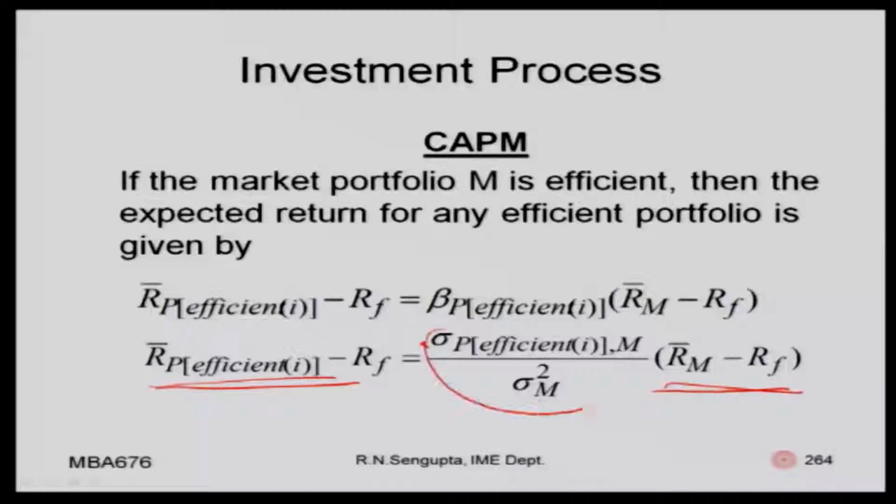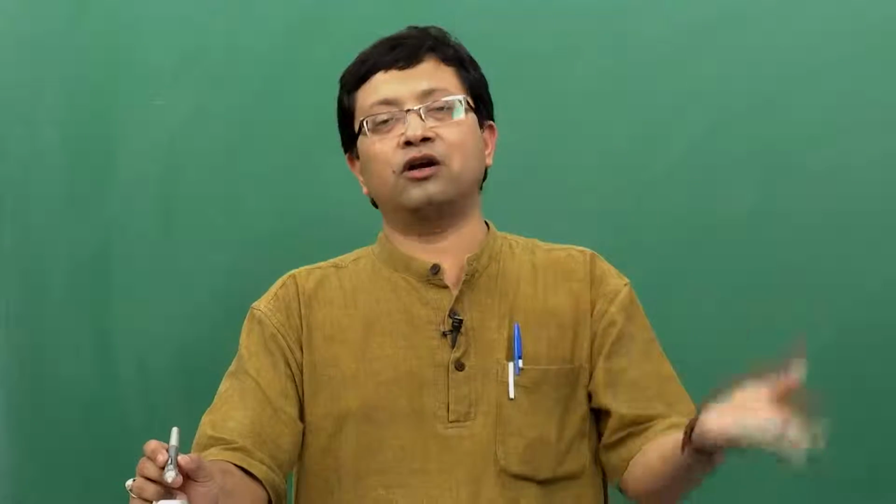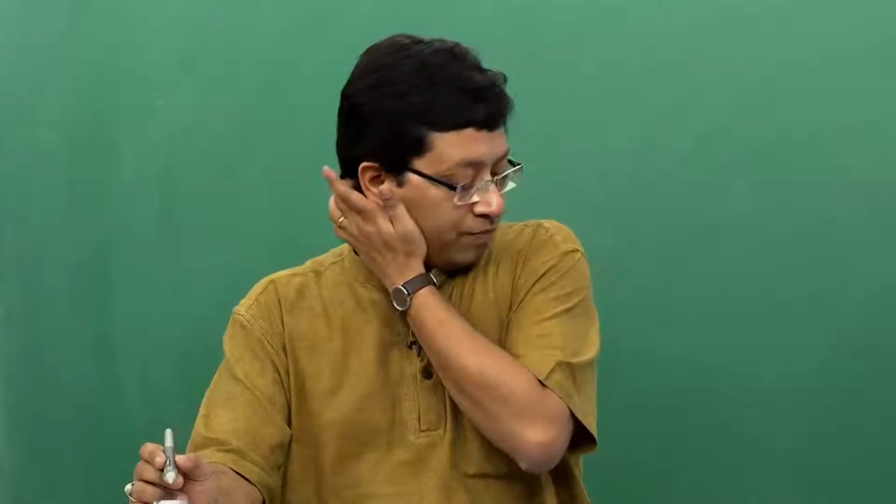If we expand the term, the covariance term basically has 3 terms: the correlation coefficient, the standard deviation of the market, and the standard deviation of the portfolio. If the correlation coefficient is 1 and the market and the portfolio are exactly the same, then this ratio would be 1, which means the excess return which the market has is exactly equal to the excess return which the portfolio has. So, any positive or negative movement on the market would be immediately mimicked in the same proportions in the portfolio.